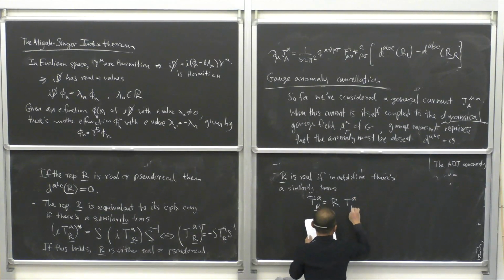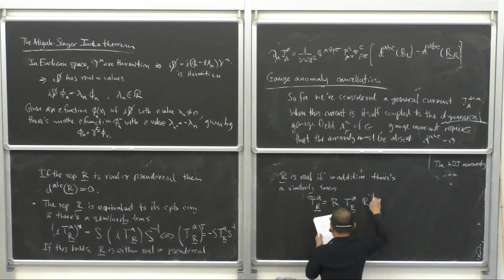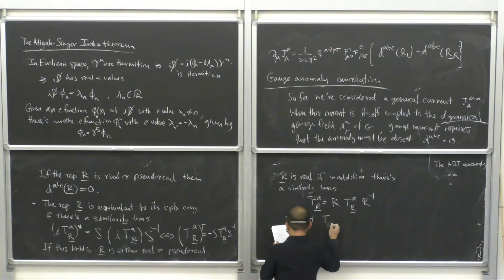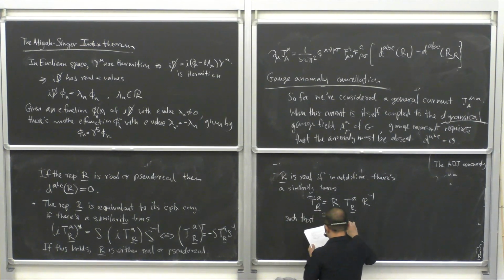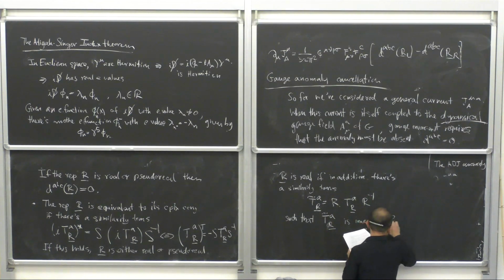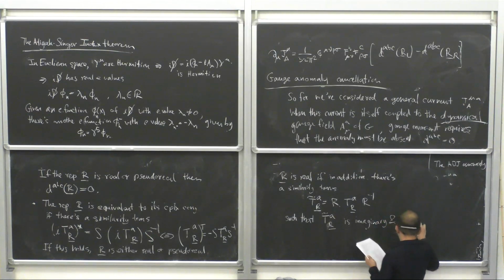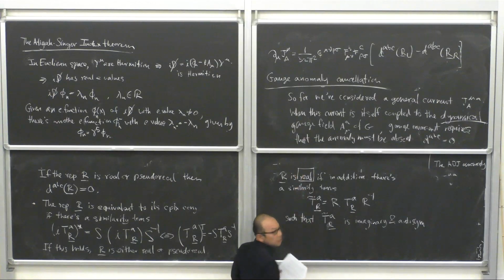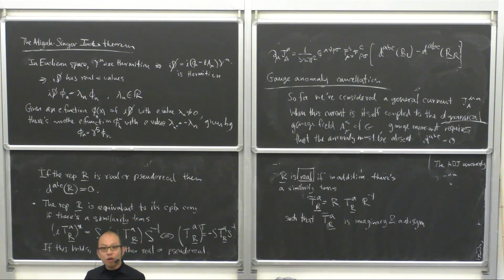This is a matrix such that T tilde A of R is imaginary and antisymmetric. If this can be done, you call this representation real. Okay? If this is impossible, you call it pseudo-real.